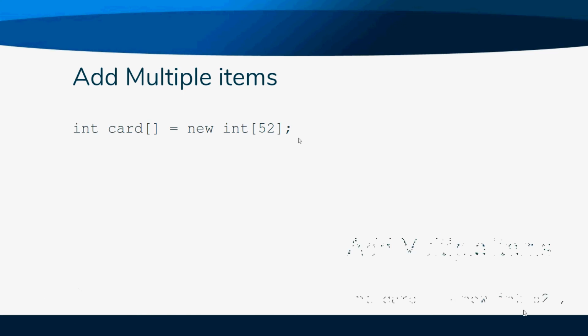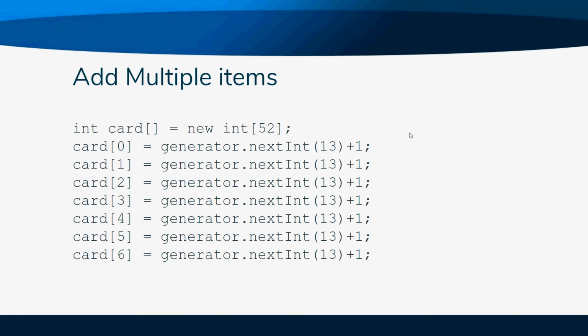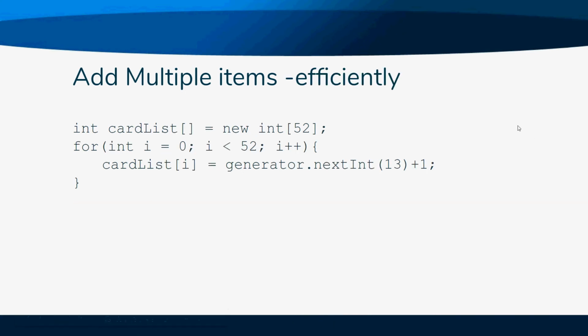In this situation, I want to create a card deck, a list of cards. And so I have 52 cards, and I'm just going to set them equal to random numbers. So I'm going to set card 0, card 1, card 2, card 3, card 4. This gets to be tedious. So instead of assigning all of those values, you can use a for loop. You notice here, we have 0, 1, 2, 3, 4, all the way down to the very last one.